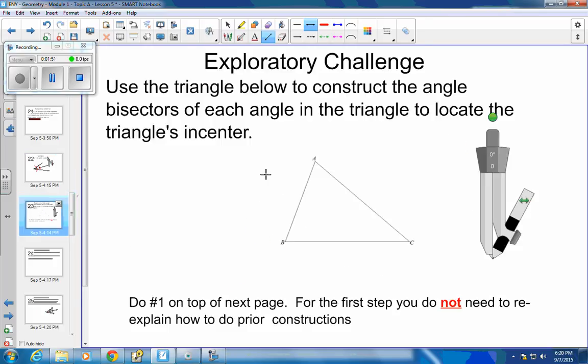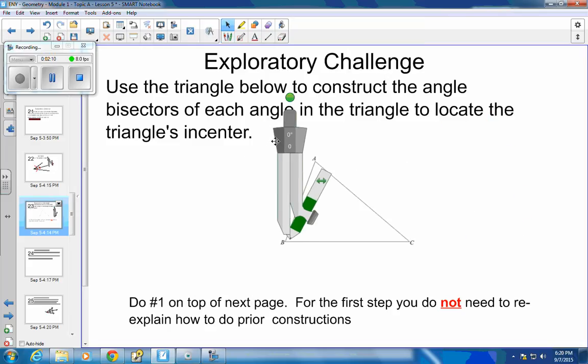So your job is to bisect all three angles on the triangle that's in your workbook, and when you're done, come back here and take a quick peek as how we did that. Okay, so I'm going to run through that really quickly.